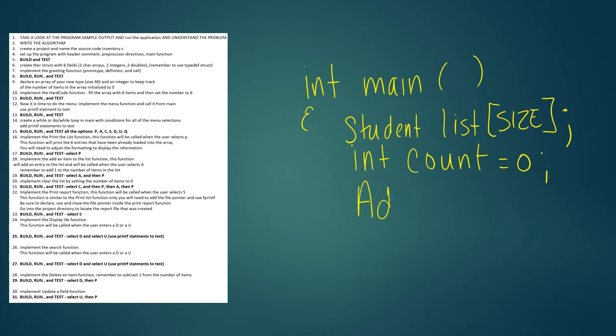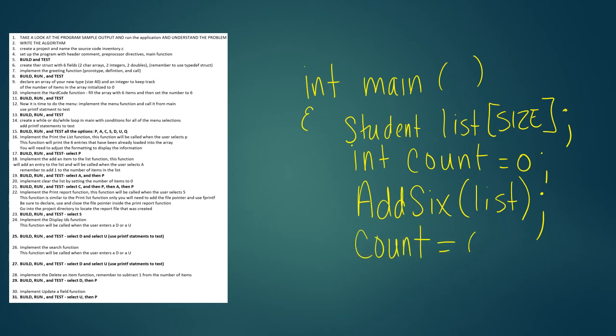When you call your add 6 function, and this is not the only way to do it, but this is one way, be sure after, now that you have 6 items in your list, you need to make sure that your count knows that you have 6 items in your list.